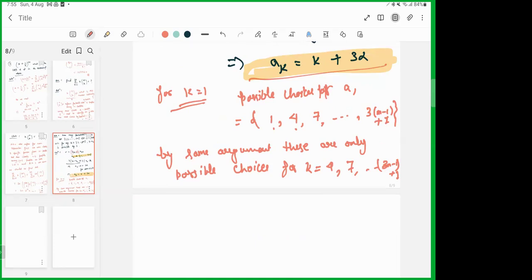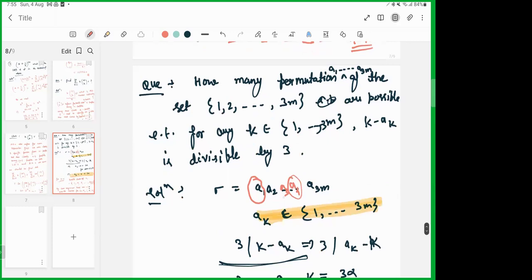So how many numbers are there? We have m numbers, right? So in the first slot we have m choices, and in the fourth slot, out of 3m numbers, how many possibilities have been filtered out?